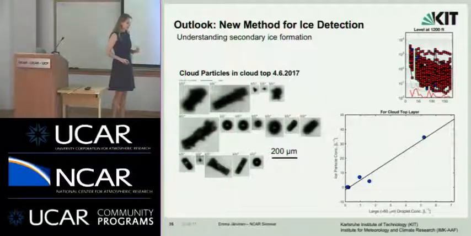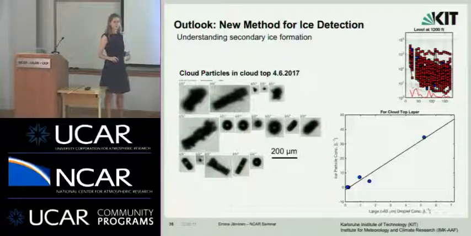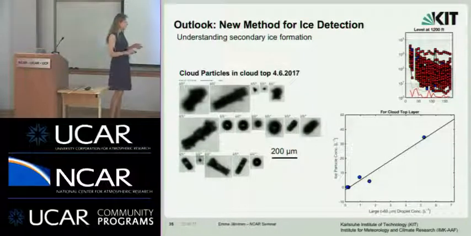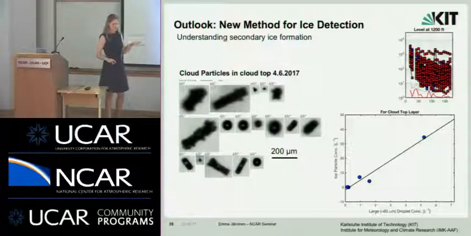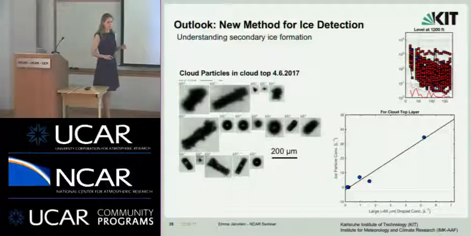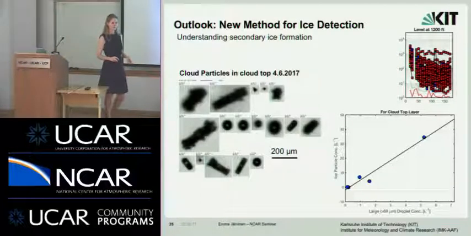I was also trying to study how inversion profiles over the cloud would affect it, but the cases were really different, and we couldn't find any clear correlation between the ice crystal concentrations and the mixing, the inversion, or the temperature. The only correlation I have found right now is with these droplet concentrations. But as I said, this data was gathered two weeks ago, so there hasn't been that much time to analyze it.